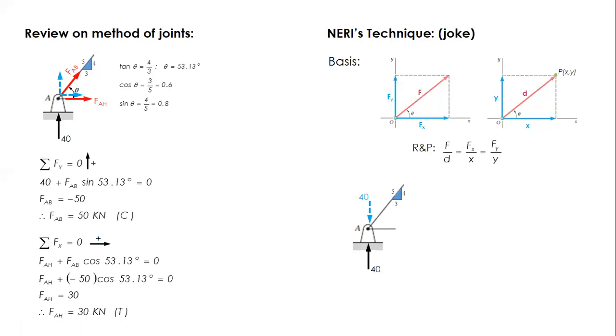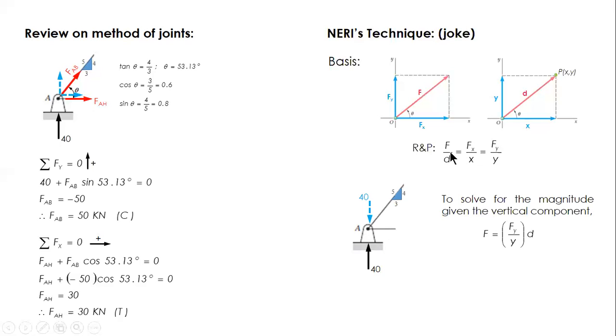Now, next here will be how to get the magnitude of EB. Diri mo come in ang ratio and proportion. Akong style. So, to solve for the magnitude, given the vertical component, this is what you will do. Okay. Focus on the left and the right.